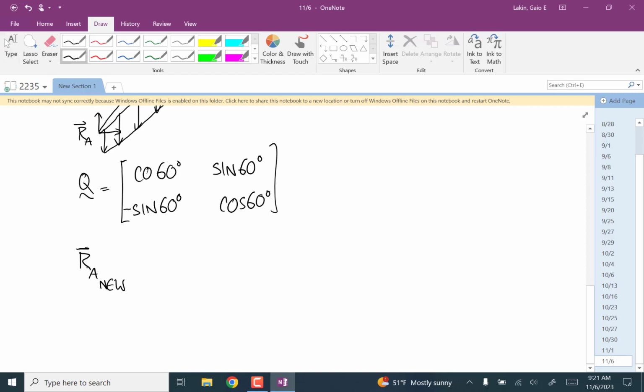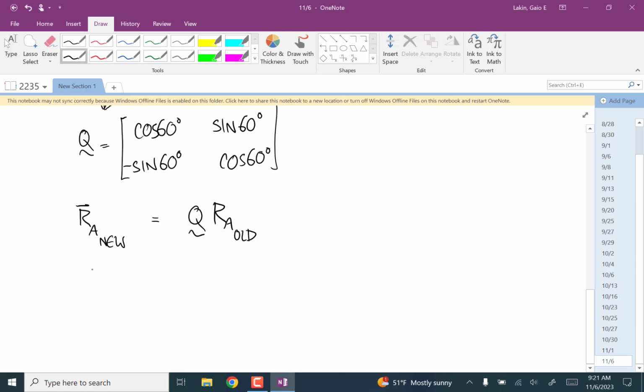Okay, so RA in the new coordinate system would be Q times RA in the old coordinate system, F12 in the new coordinate system. By the way, that under squiggle means it's a matrix.